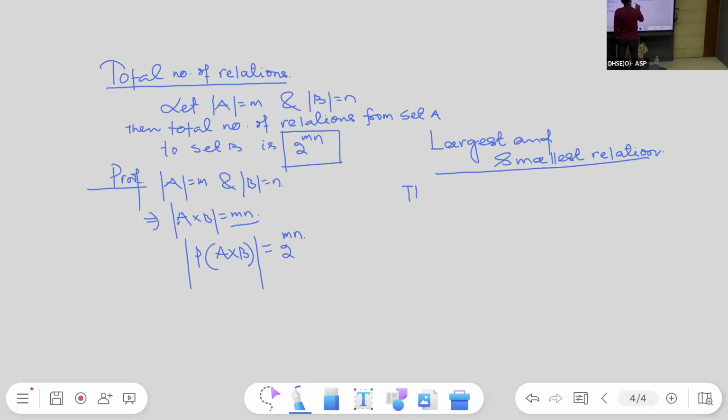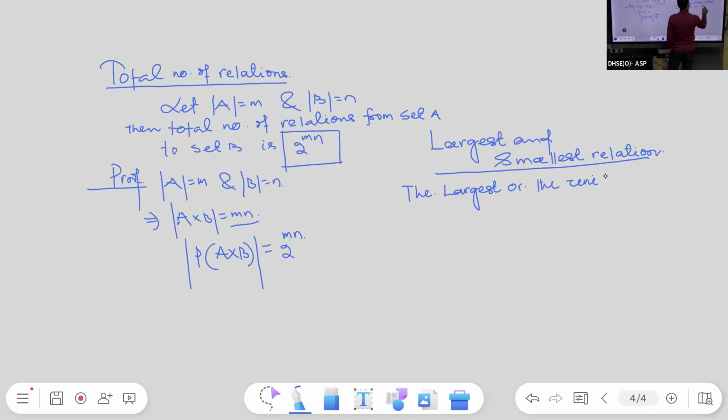The largest or the universal relation from set A to set B is A cross B. All of you know that the largest subset of a set is the set itself.